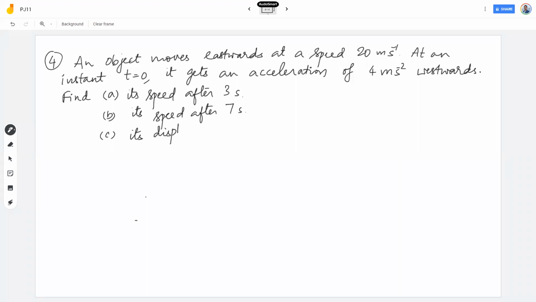Its displacement in, or maybe change in, 4 seconds. Its displacement in 6 seconds.